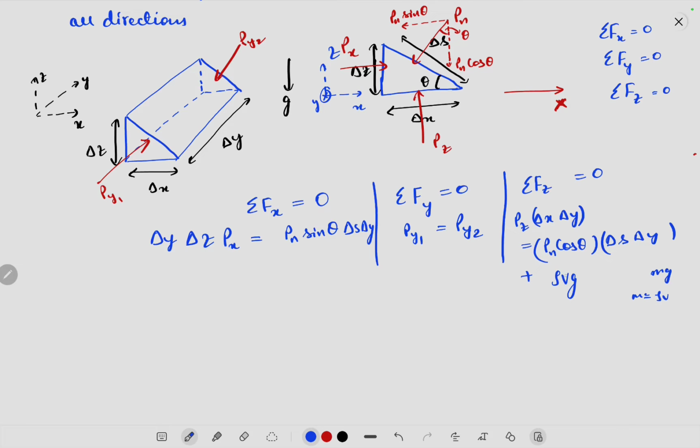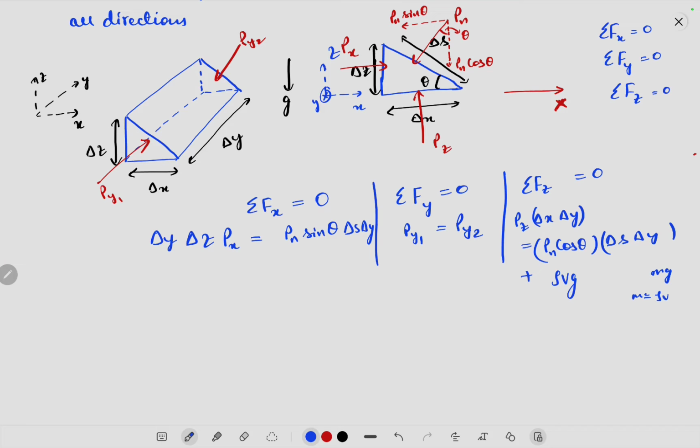But we can also write the volume in terms of delta x, delta y and delta z. What will be the volume of this wedge shaped element? The volume will be simply the area of this portion times the length. What is the area of this triangle? The area of this triangle is half base times height.